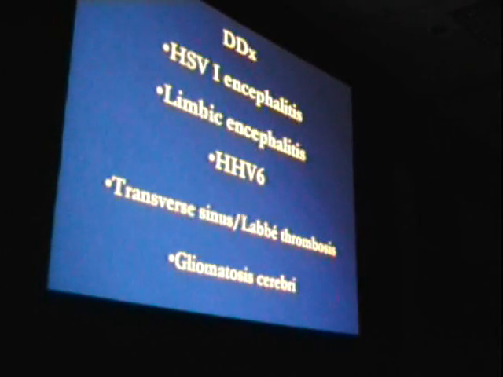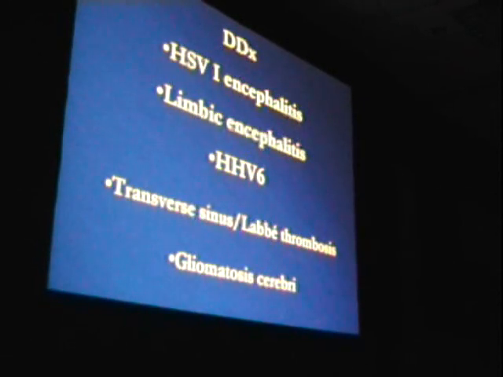And the primary one in all these cases, particularly in the setting of immunocompromise, is HSV1 encephalitis, herpes simplex virus type 1. This is typically bilaterally symmetric, and if you see punctate foci of hemorrhage, that is also very characteristic for HSV encephalitis. However, human herpes virus 6 can also give an encephalitis in the same kind of population subgroup.